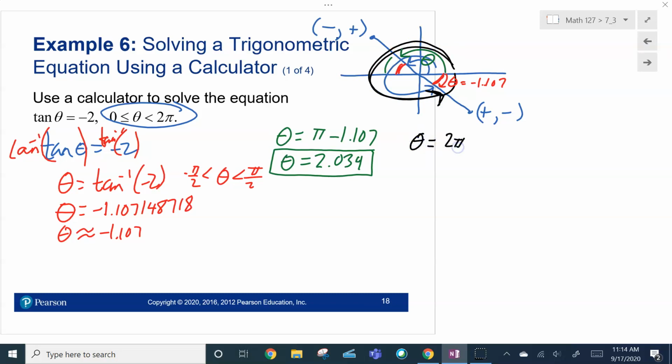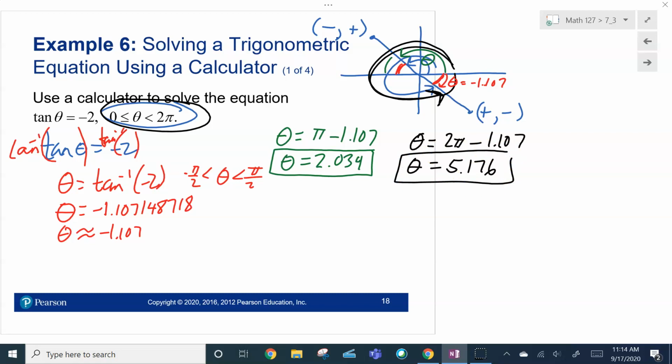So 2 pi minus 1.107 gives us 5.176. Okay, so those are my two in this case that are between 0 and 2 pi. Remember, 2 pi is 2 times 3.14, so it's 6.28, right? So both of these are between 0 and 6.28.